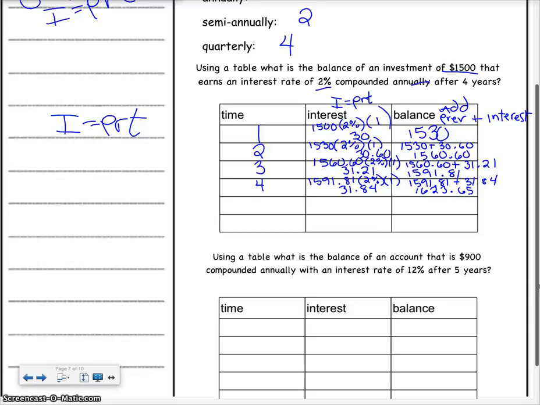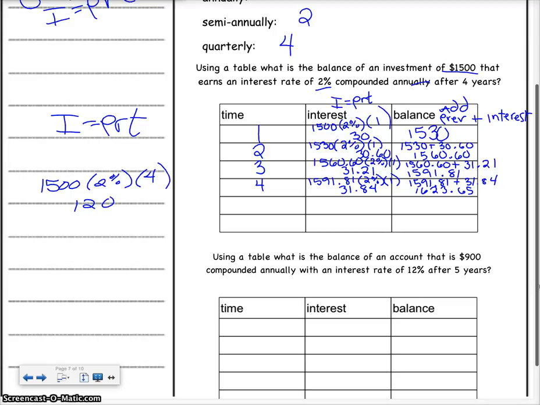Oh, well, right. Okay, so I just want you to compare now. Compound is different than simple interest. If I said, hey, what would be your simple interest? You would go 1,500 times 2% times 4, right? In simple, and I'm going to show you that's completely different. 1,500 times 2% times 4 is 120.